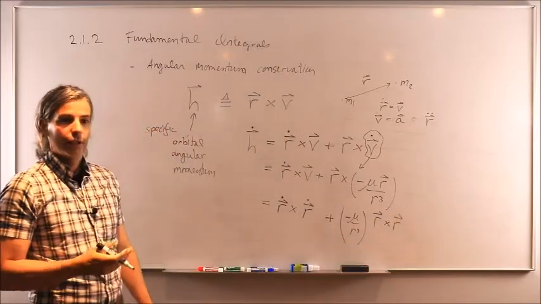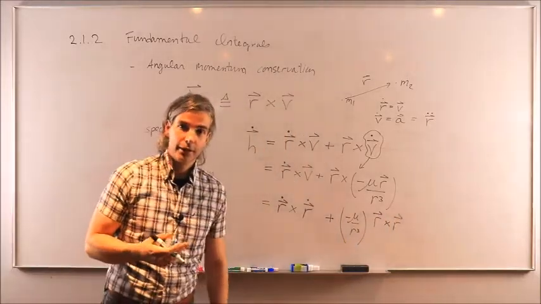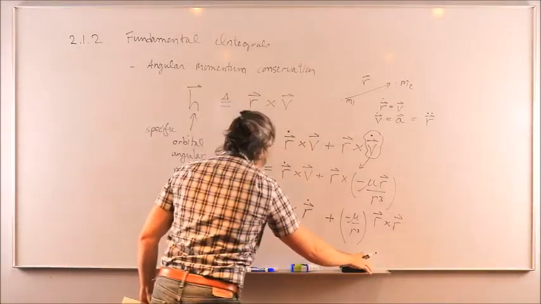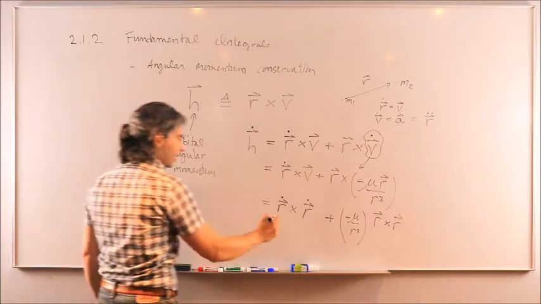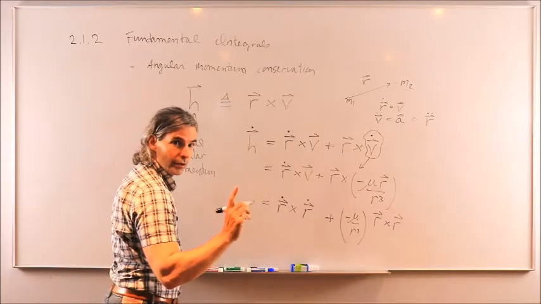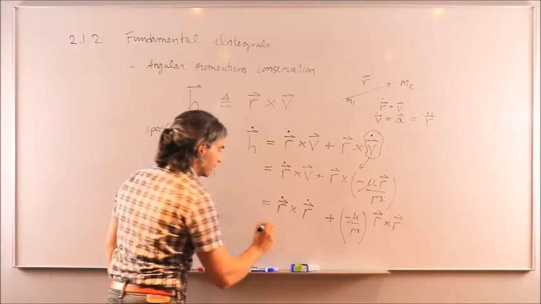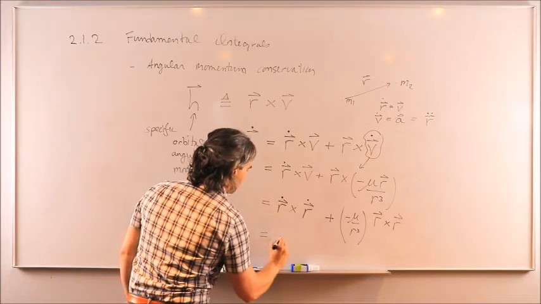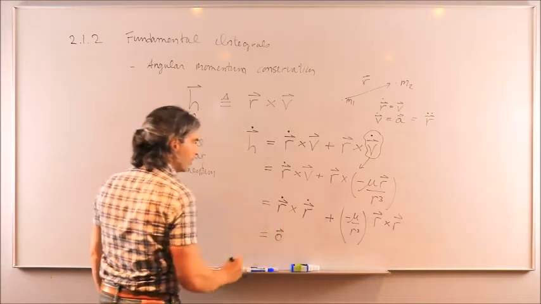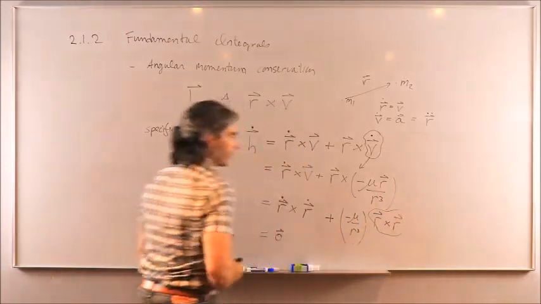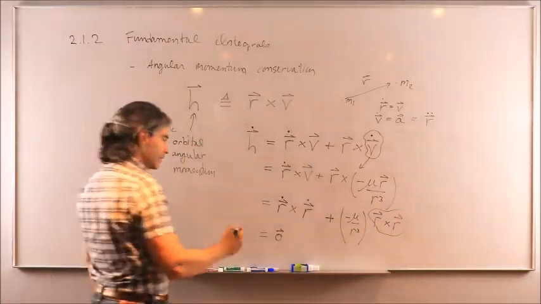And hopefully you didn't forget already the definition of the cross product of two vectors. Okay? So a cross product of a vector with itself will always give you 0? No, the null vector, right? Cross product of a vector gives you a vector. So here you get the null vector for this first term plus a scalar. Look at what we have again. Another cross product of a vector with itself.